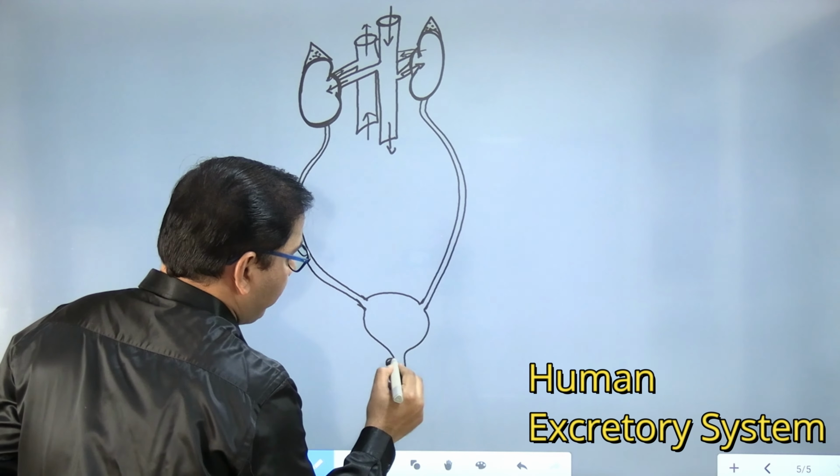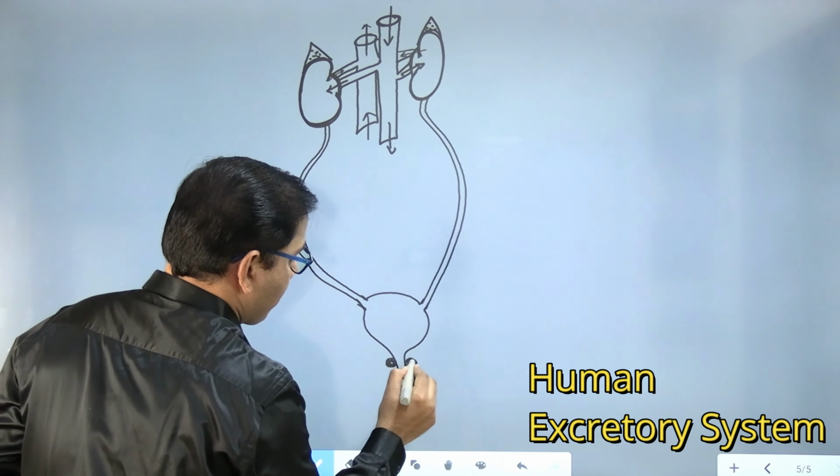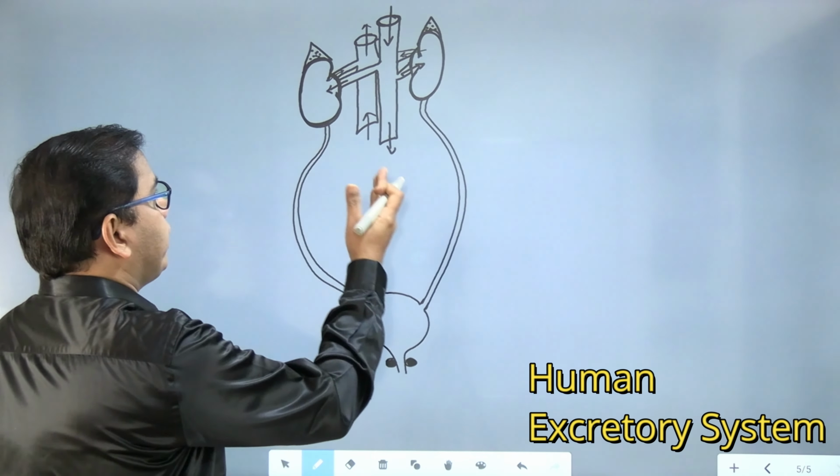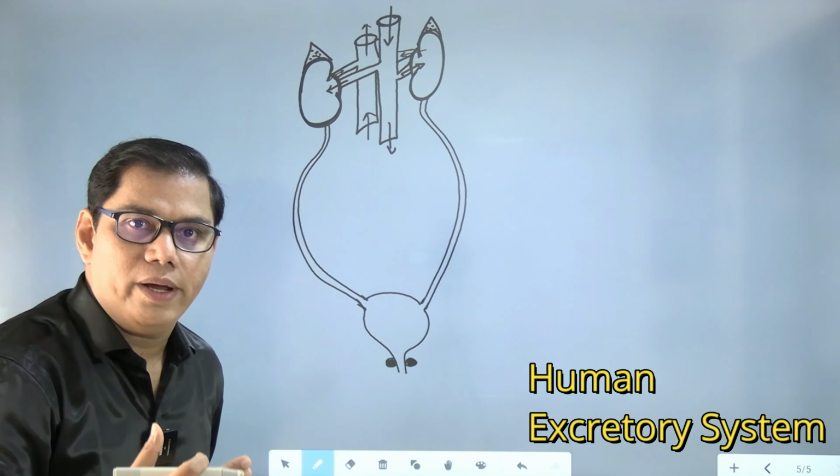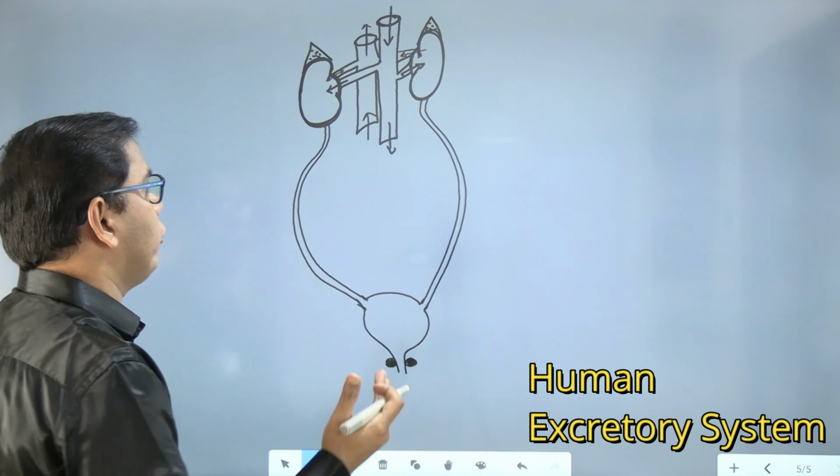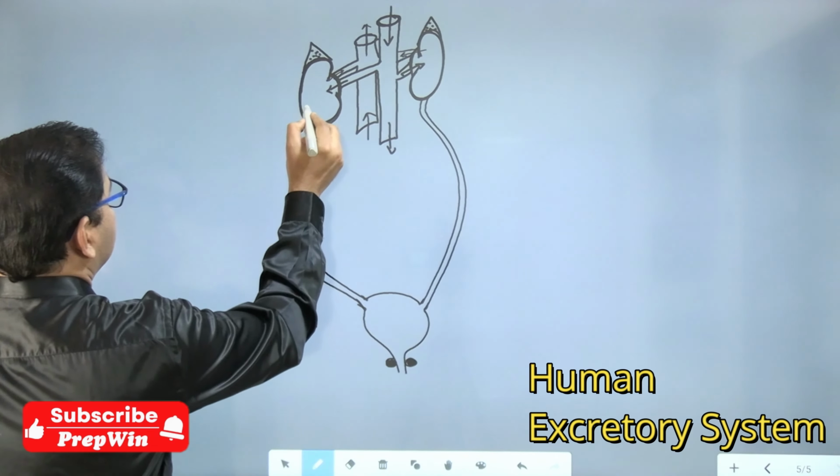And the muscle, sphincter muscle. So this is a diagram of the human excretory system in front of you. Now it is time to label the diagram.